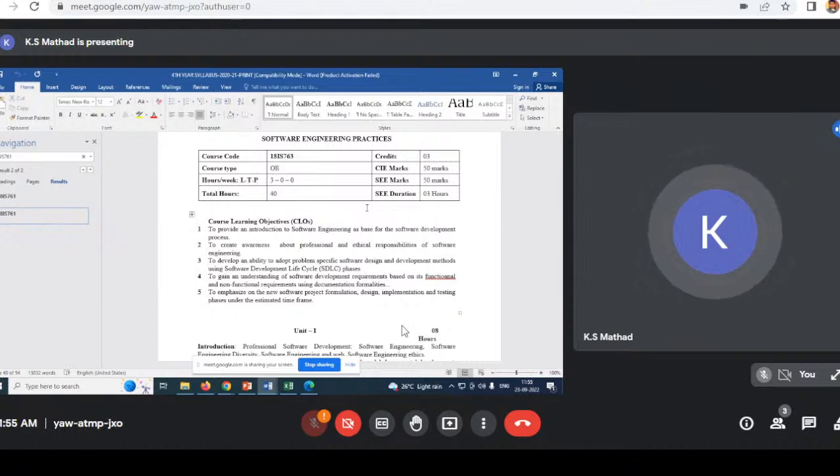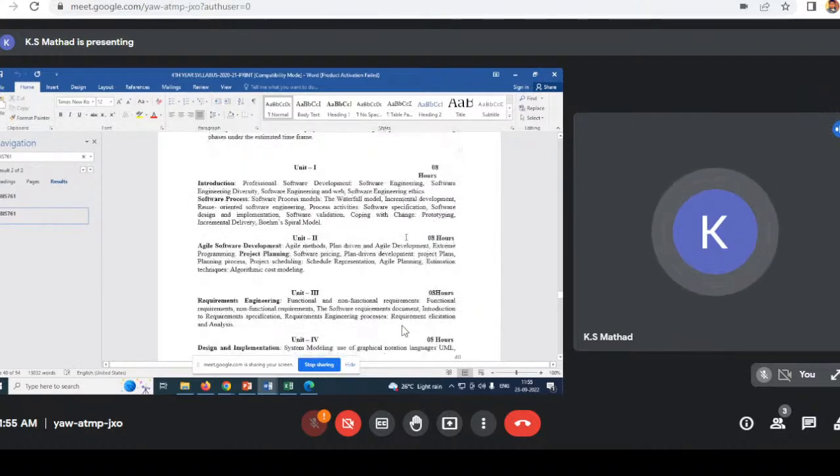So there are many things involved. So software engineering practices just deals with all these things. It is a practice which needs to be followed for software development.